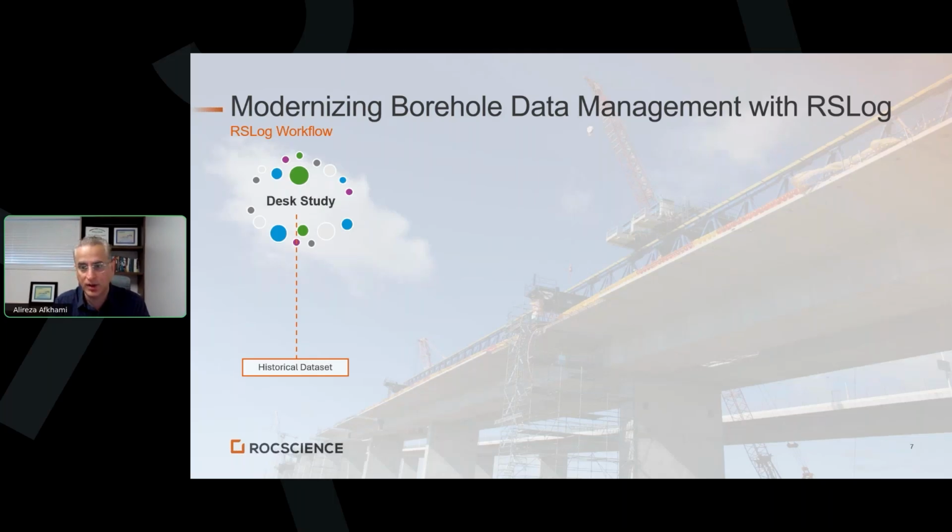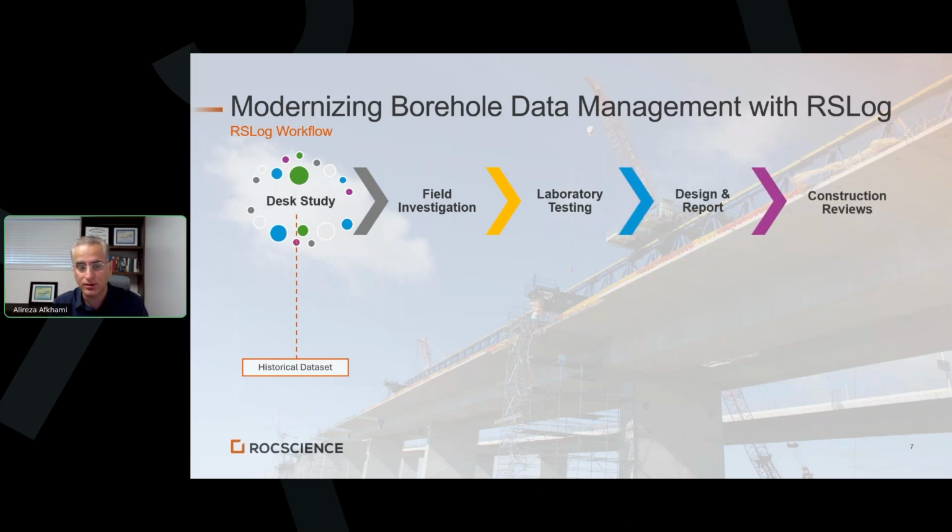So first we go back to our GIS system or our network, whatever system we have for handling our historical data set. Once we know how much data we have in that area, we set up field investigation or prepare our proposal. If we get the project, we go to field investigation, do some lab tests, do the design and reporting, and eventually go to construction reviews.